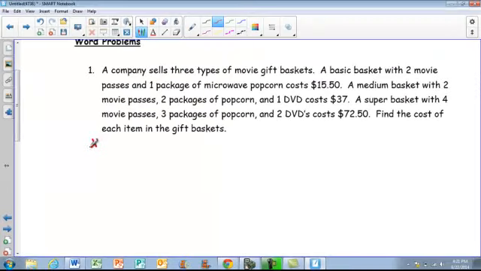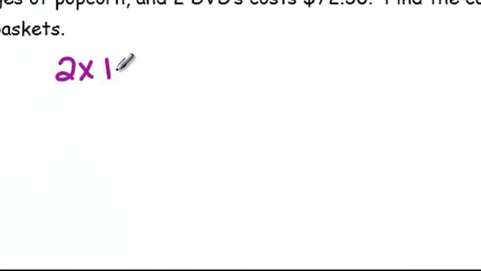So first thing I'm going to do is set up what each variable is. X is going to be my passes, Y will be the popcorn, and Z will be the DVDs. Okay, so if I go to set up my system here, if I take a look at the first sentence, we're going to have 2X plus Y equals $15.50.